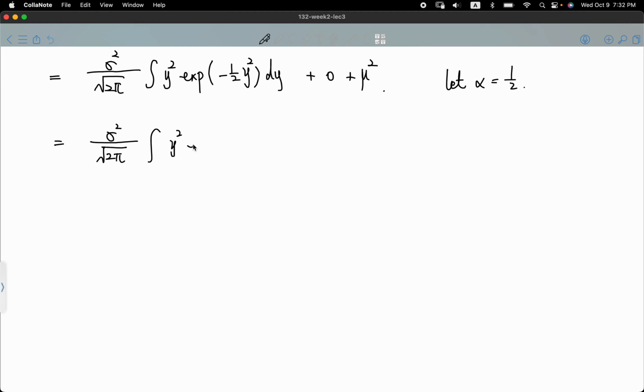I'm going to write it in the following way: negative alpha y squared dy plus mu squared. Now we want to work on the term that I underlined, and I'm going to write it in the following way.